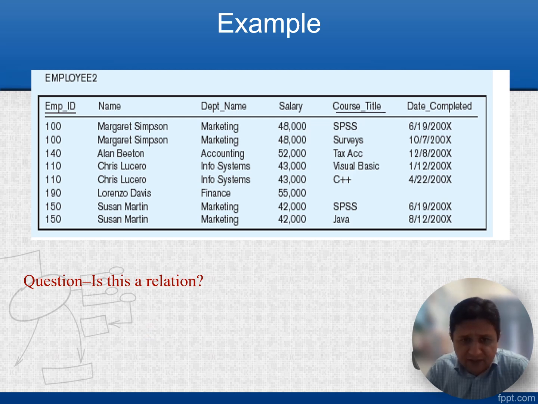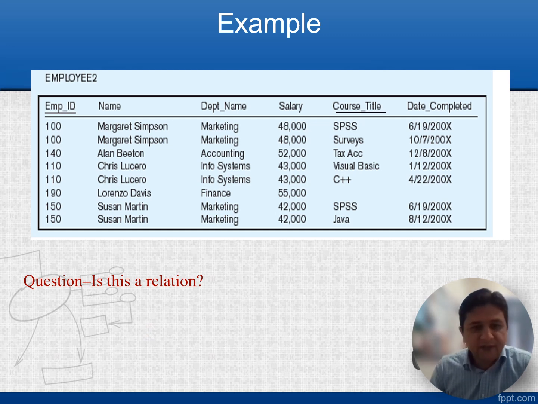The first anomaly is the insertion anomaly, where we want to add some data and we are forced to duplicate some data. For example, I want to add a new employee. First, I cannot add an employee unless that employee has a course, because this relation has a composite primary key which consists of employee ID and the course title.